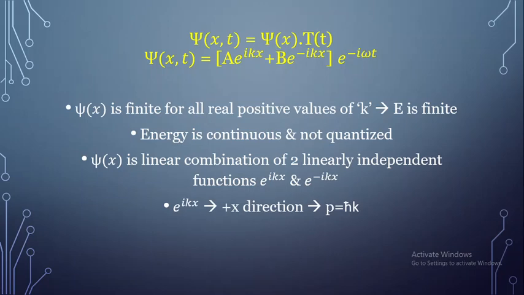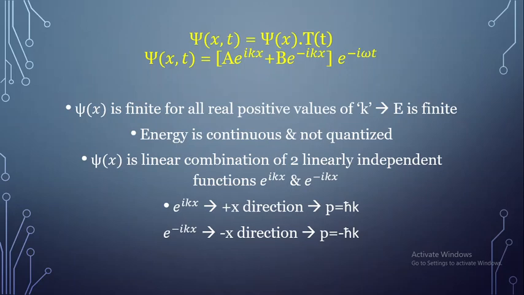If it is exponential of ikx, the particle is moving from left to right, that is in the positive x direction, and the corresponding momentum will be greater than 0, equal to ħk. The other solution, exponential of minus ikx, means the particle is moving from right to left, that is in the negative x direction, where the momentum will be less than 0, defined as minus ħk.